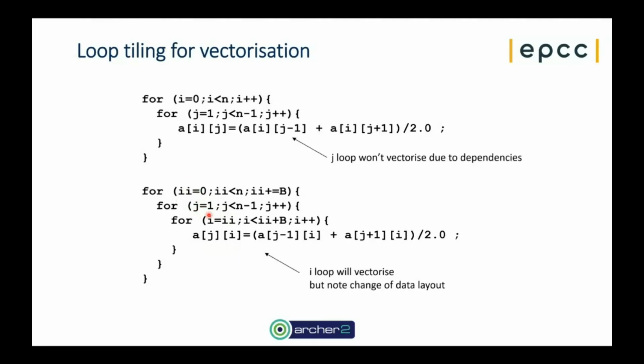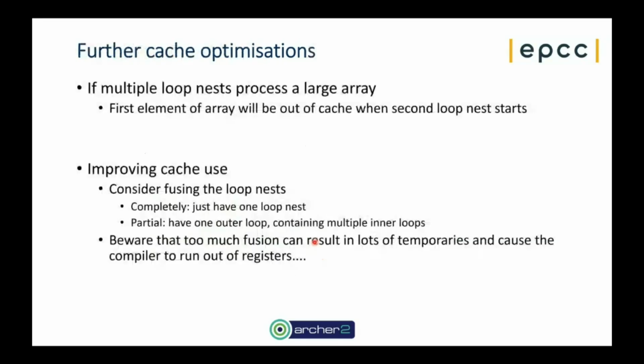You've got the J here, but you can have a little block inside here where you've actually reordered the accesses around what you're doing, so that you don't have to rely on these dependencies impacting your vectorization.